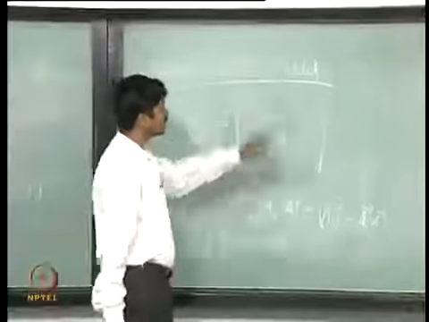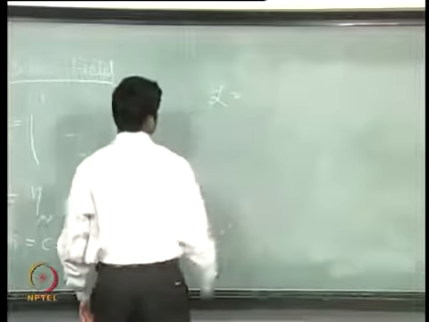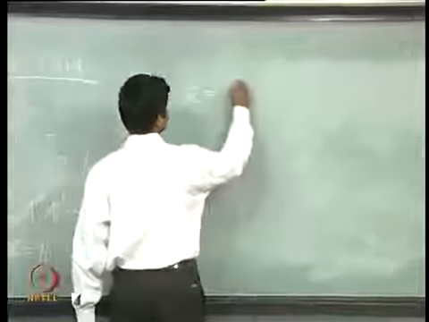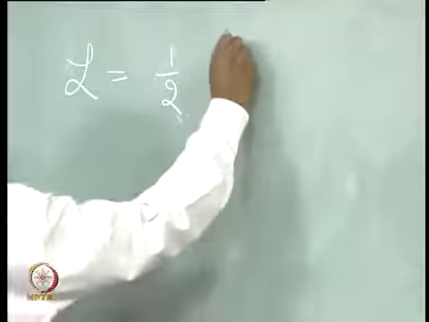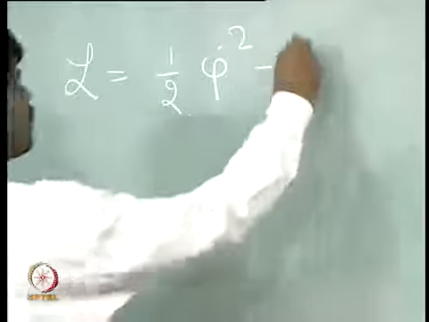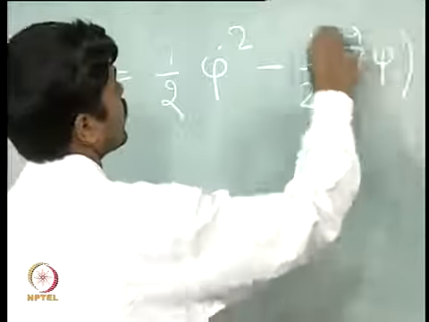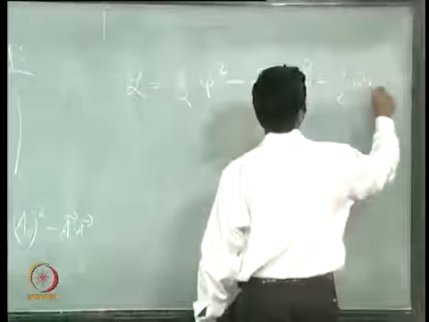Now, let us consider a real scalar field. The Lagrangian density for a real scalar field is half phi dot square minus half grad phi square minus half m square phi square.